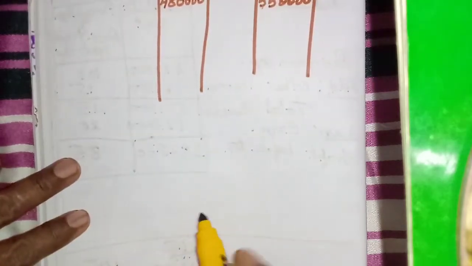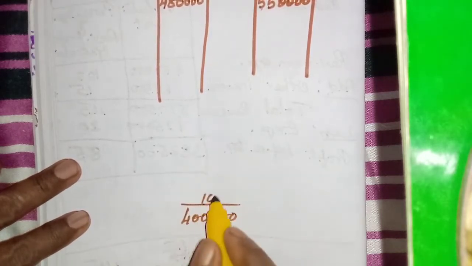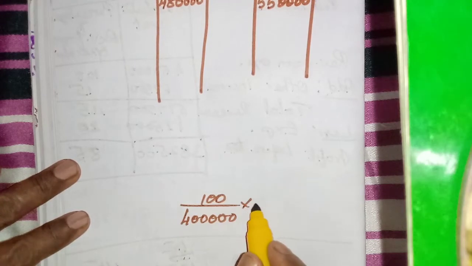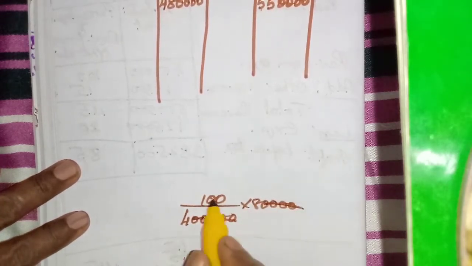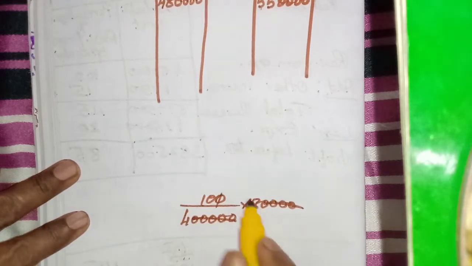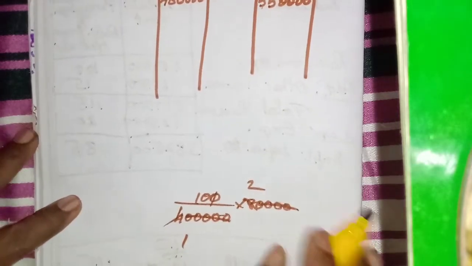So now you need to calculate, isn't it? For 4 lakh, what is the percentage? 100. Then how much is for 80,000. 50, 4 plus 1. Here 2, 1, isn't it? So 2 into 10, 20.